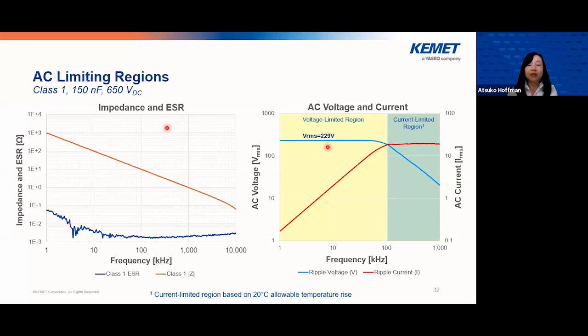That's the max voltage that you can use until you get to the current limited region right here, where the voltage starts to drop because you cannot have more voltage on that part, as now you are limited in terms of the amount of current you can put through the MLCC at high frequency range.